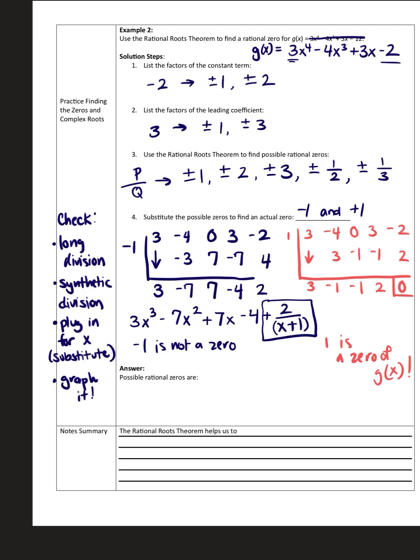And then you can use long division, synthetic division, or substitute for x, or you can graph it if you have the technology with you, to determine what the actual zeros are once you've received the possible rational zeros from using the rational roots theorem. Okay?